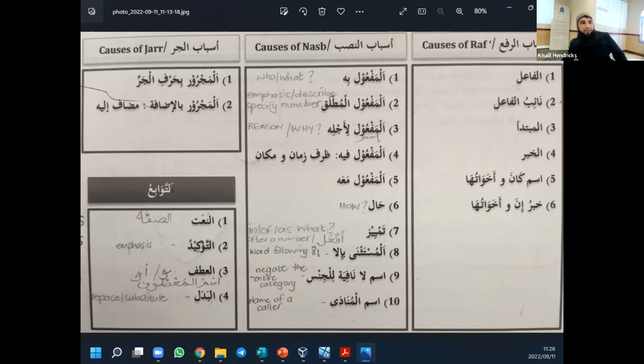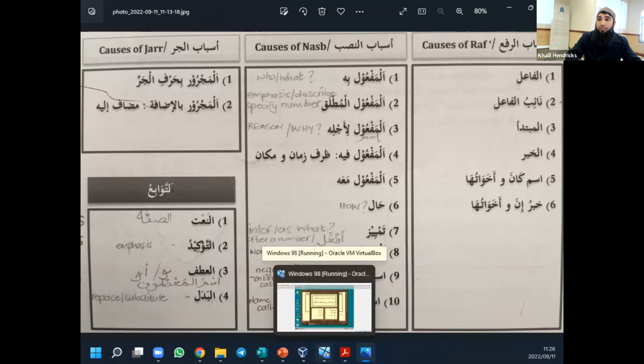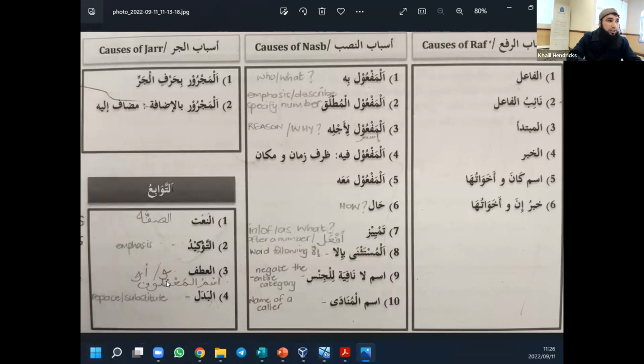I'll formulate this, inshallah. But I'm going to point out to you still in the book. This I will send you, but what I'm pointing out to you now is in your own Nahwu book. The first book.